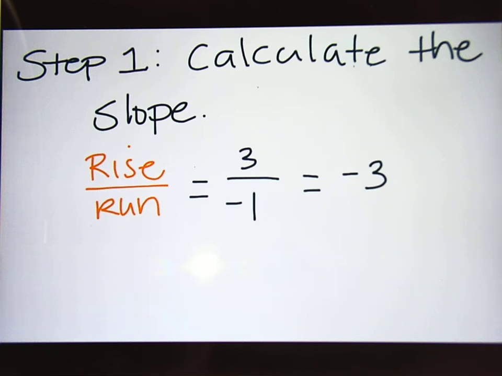Are we going to the left or if we're going to the right? In this case, our rise is 3, and then our run happens to be negative 1. Simplify that and you get negative 3.